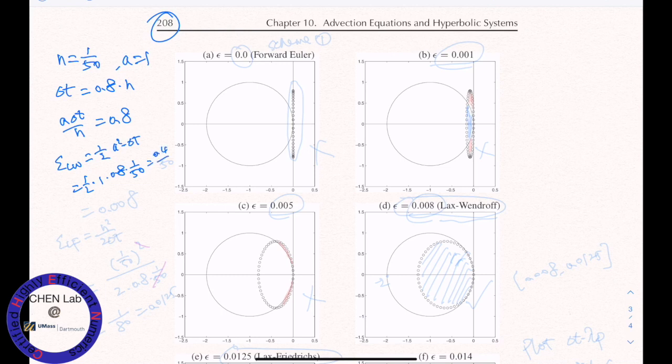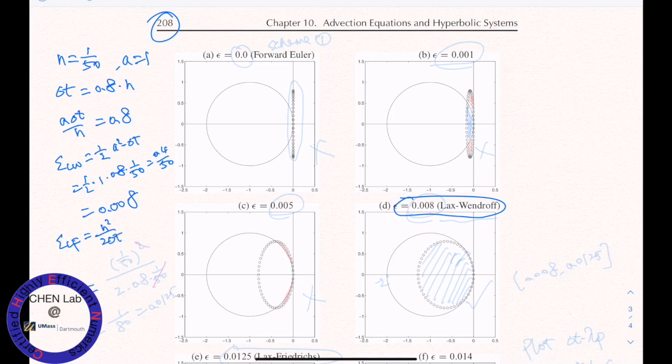That's 0.4 divided by 50, which is 0.008. That's why this 0.008 corresponds to Lax-Wendroff, and the Lax-Friedrichs is h squared over 2 delta t, right?